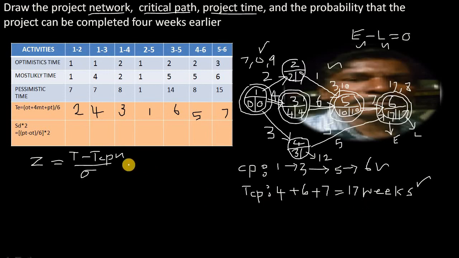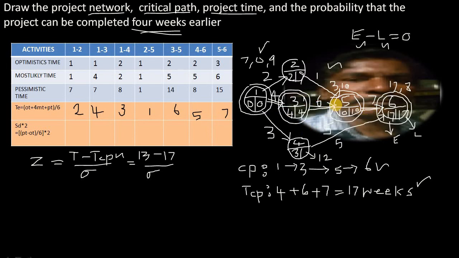So our targeted time is 13, and Z is 13 minus 17 divided by sigma. Sigma means standard deviation, the standard deviation of the project network.